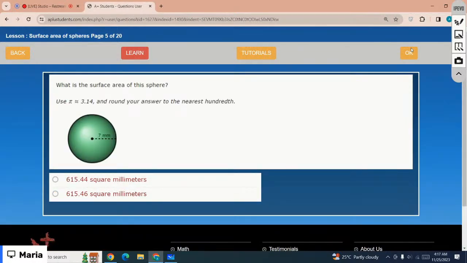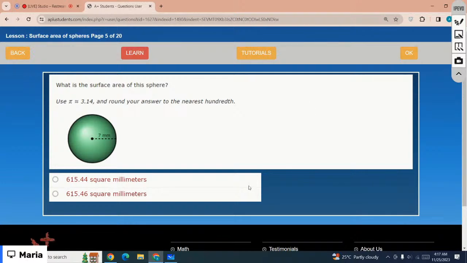Okay, the next one is, what is the surface area of this sphere? Which is the correct option?